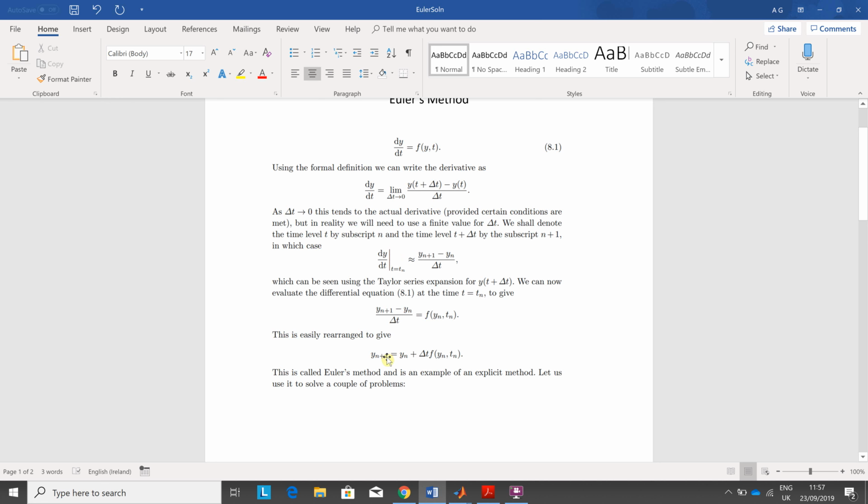And easily rearranging down here, yn plus 1, the next one, is the yn plus the delta t, the time interval, by whatever the function is at that particular period. So I assume you have a fair idea of what that is. We get the next step by looking at the previous step plus the delta t, the time interval, by whatever the function is at yn.